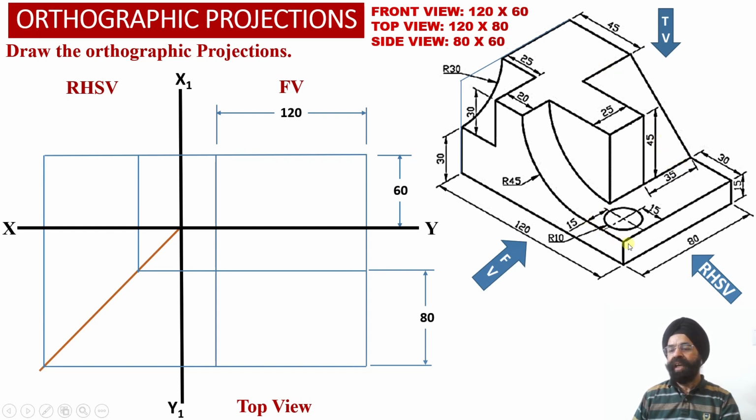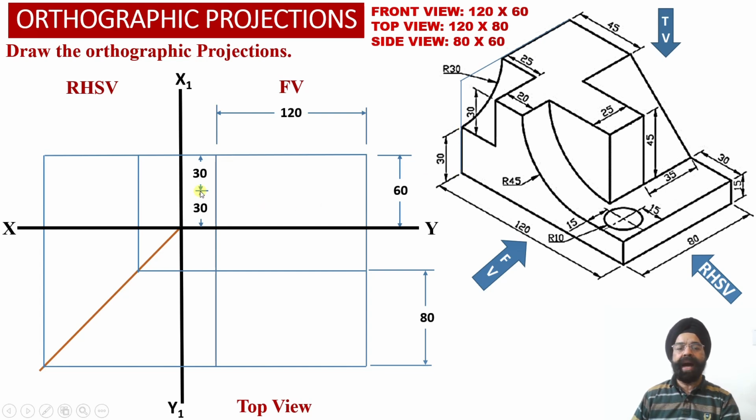Then we have element number 5, which happens to be a horizontal wave located towards the right hand side portion of the solid. As we are going to look at the solid from the front view orientation, we can check this flat surface on the rectangular block's front face, and the height of this flat surface on the front side of the object is equal to 30 millimeter.